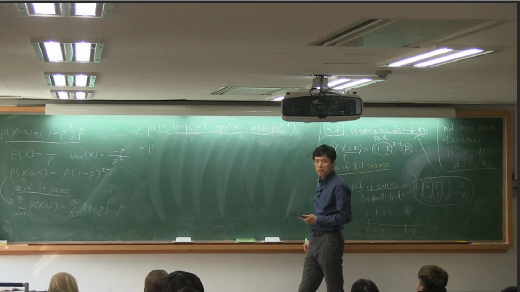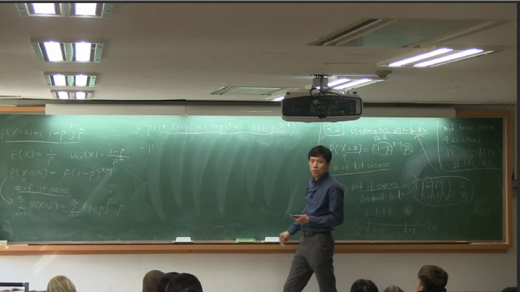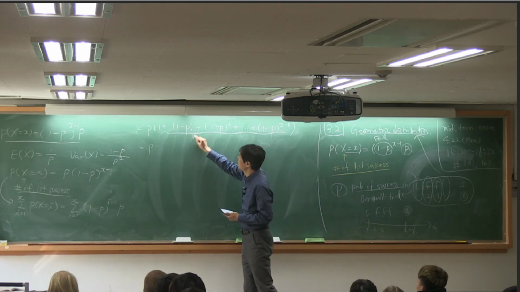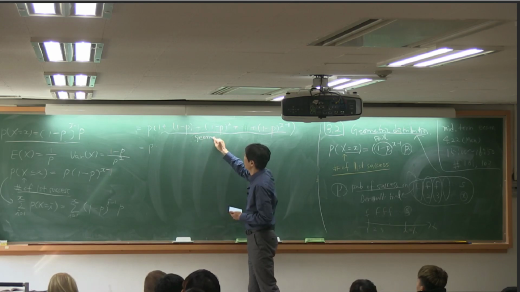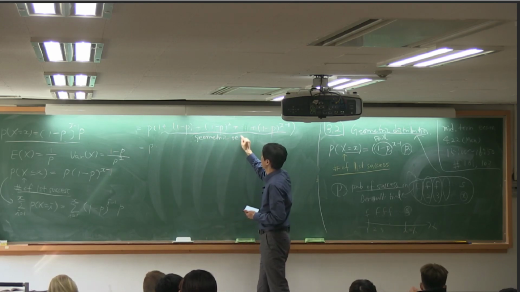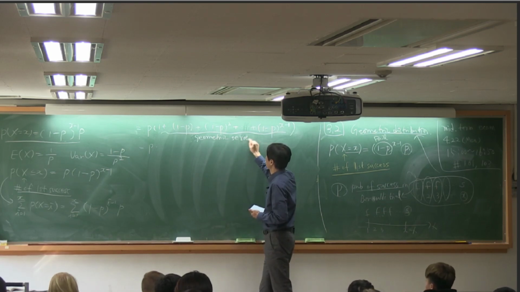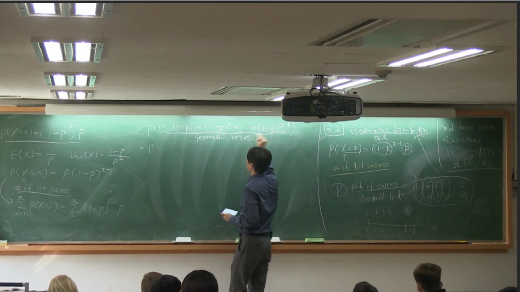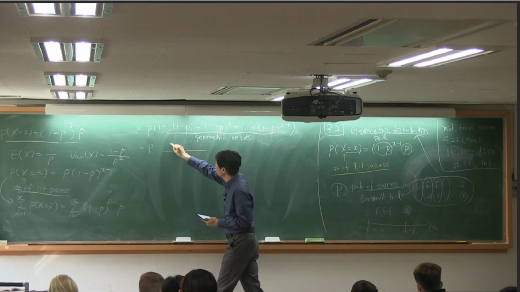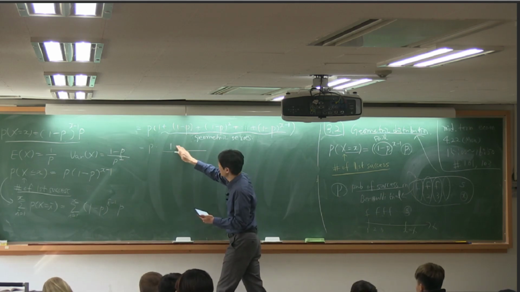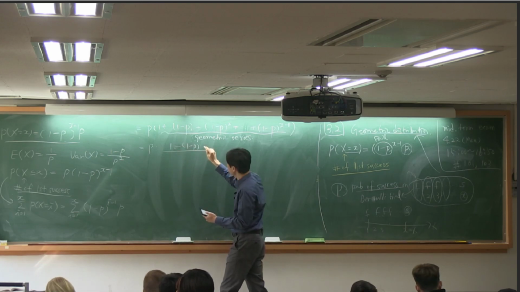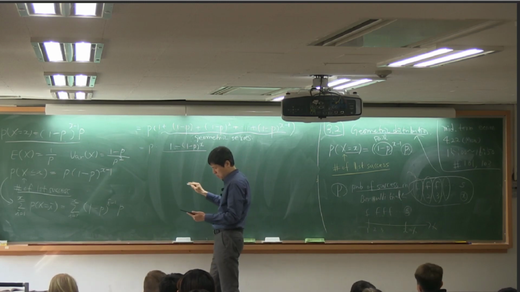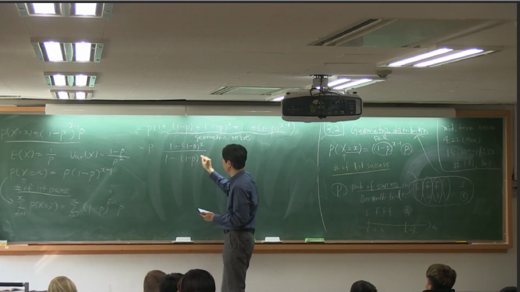This is p times what? In high school, do you remember this formula? It is called, in English, a geometric sequence, or geometric series. So this equation can be rewritten as p times 1 minus 1 minus p to the x, divided by 1 minus 1 minus p.